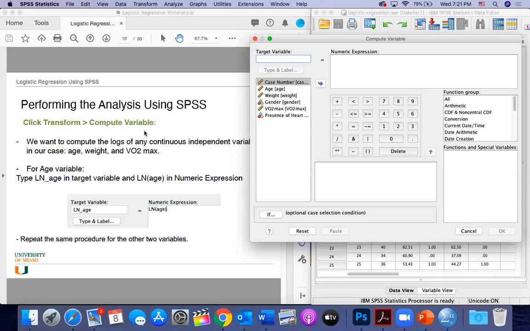So someone is asking why we should perform the log and not just complete the regression. In order to proceed with the analysis, you should check the assumption. So the fourth assumption should be assessed this way. You have to compute the log for each continuous independent variable.